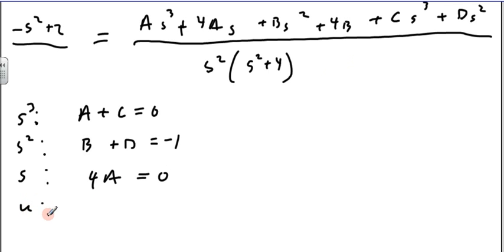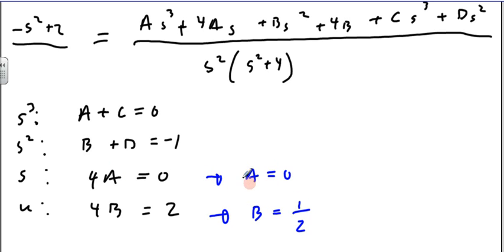And then I'm going to look at the unit term, and there's only one of them, 4B is 2. Okay, well, if 4B is 2, then obviously B has to be 1/2. And if 4A is 0, then A has to be 0. And if A is 0, then that means C is also 0. If B is 1/2, then that implies D is going to have to be minus 3 over 2.